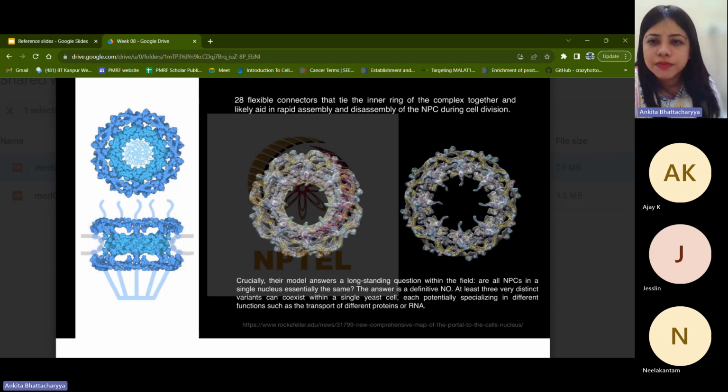This is necessary because you're looking at such a huge assembly of proteins, and when a cell divides, it has to make sure that it is completely dissociating those protein complexes, and when it is again forming two daughter cells, it is able to undo the same.